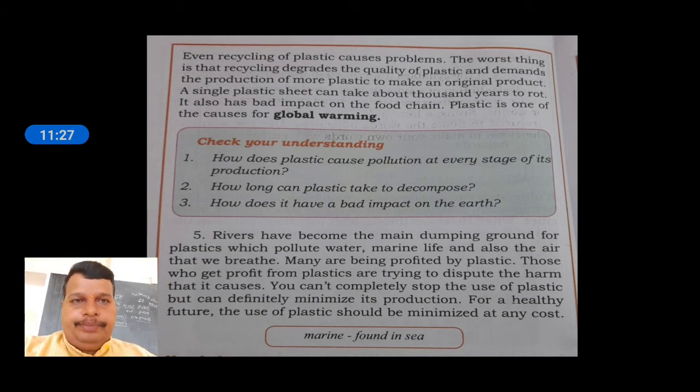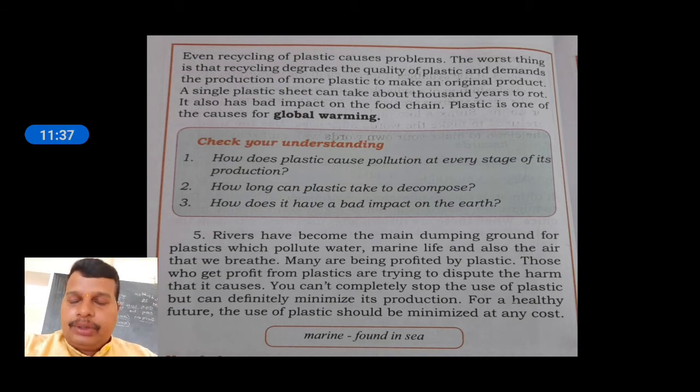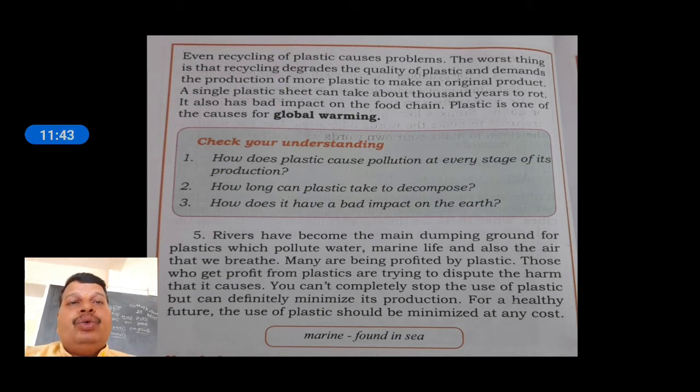If you go shopping to the market, remember to take a cloth bag, either a jute bag or paper bags. And why do we do all these things?